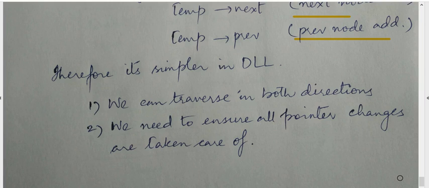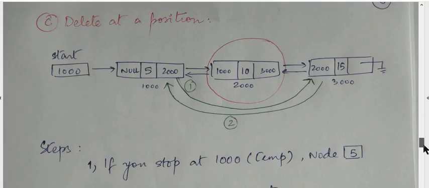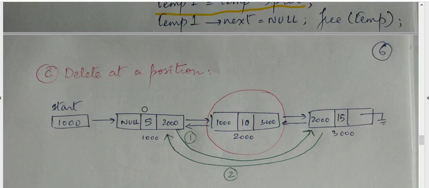So whenever you are doing anything or writing any program on linked list, always have a rough diagram of how your linked list looks like, and this helps you to evaluate your program or evaluate your loop. You can do a dry run of your program with some random values and see if your program is actually running correctly.